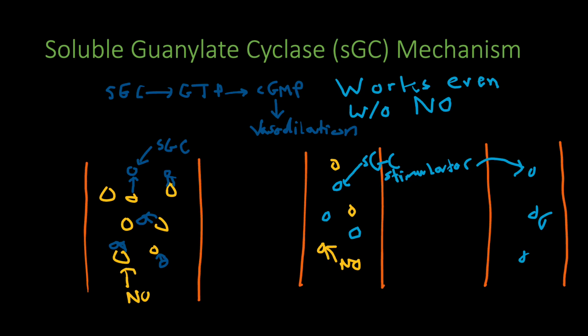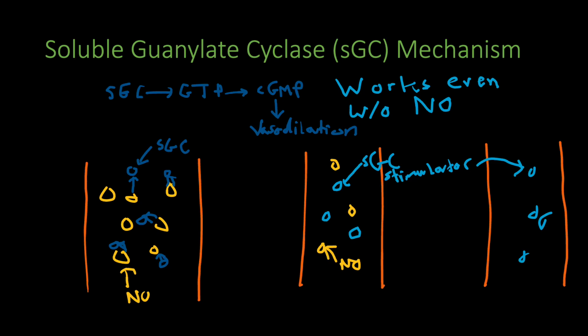So in order to treat it, we use a stimulator, and the stimulator will help stimulate these receptors, or you can consider them as signaling molecules, so that nitric oxide is able to bind to these sGC stimulators and allow for that vasodilation to occur.